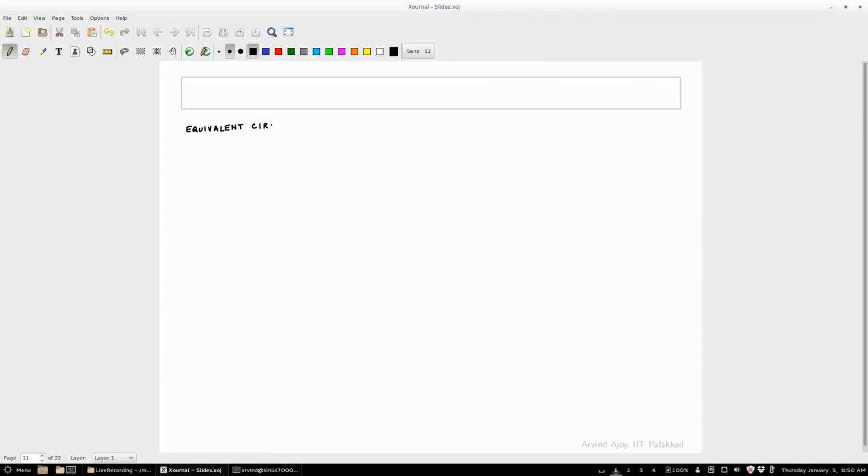Now let's go to what we need for this course, which is basically the equivalent circuit for a diode. For a real or ideal diode? Real diode, right?